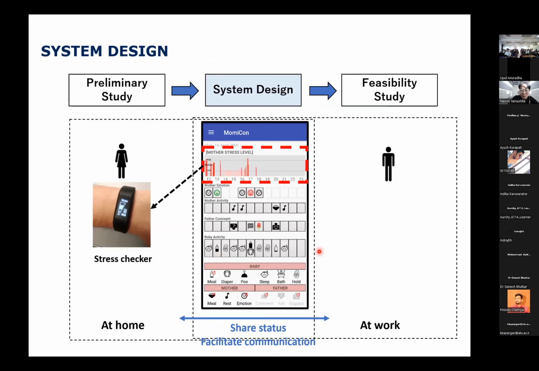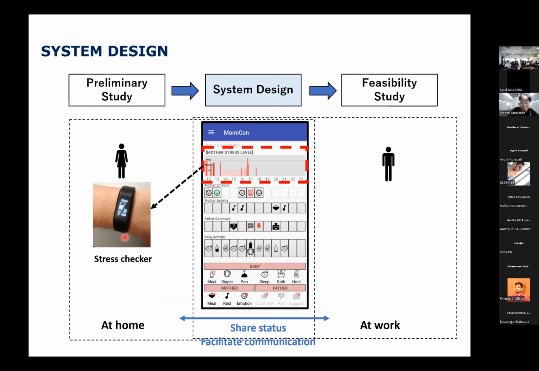And here's the system design. Mothers who stay at home and take care of the baby wear a stress checker. The stress checker deems a mother stressed when her heart rate increases rapidly without physical exercise. However, as you may already know, this can also happen when people get really excited, right?